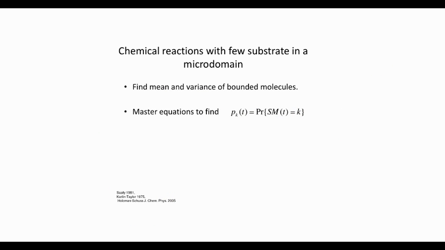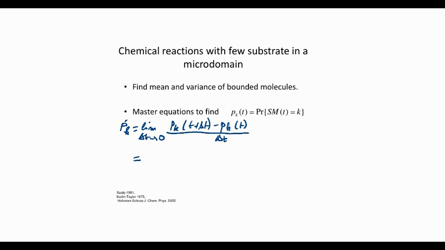So again, I haven't looked at the extremities for k equals 0, but if we use what we have done previously, we get pk dot, which is the limit of pk of t plus delta t minus pk of t, divided by delta t as delta t goes to 0.